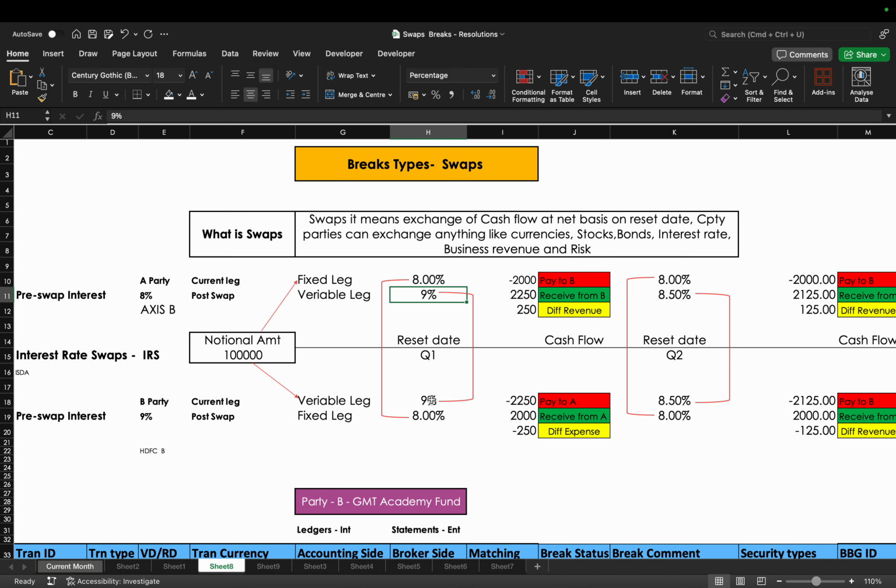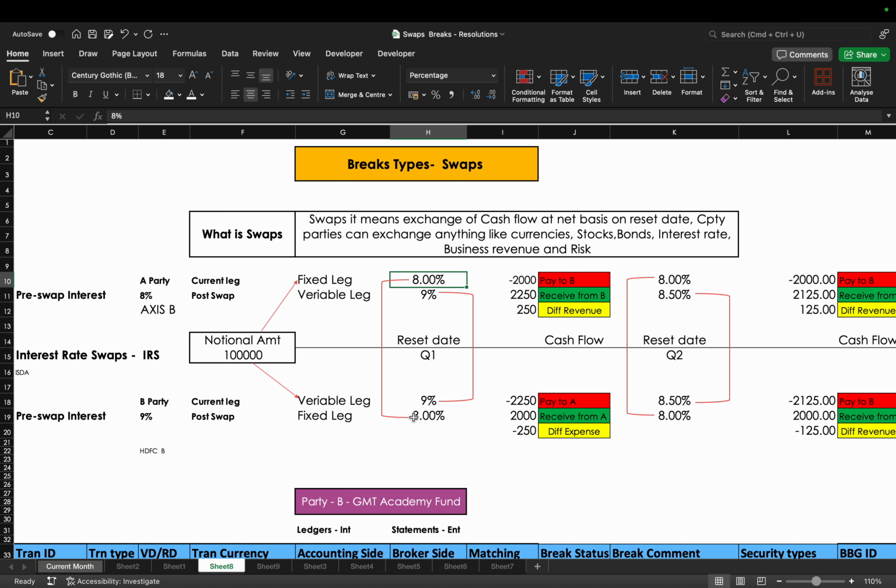All right. So that's how they agreed on interest payment terms. Now I have charted out that post initiation of the swap contract, 9% interest payment goes to A, and 8% interest payment comes to the B counterparty.